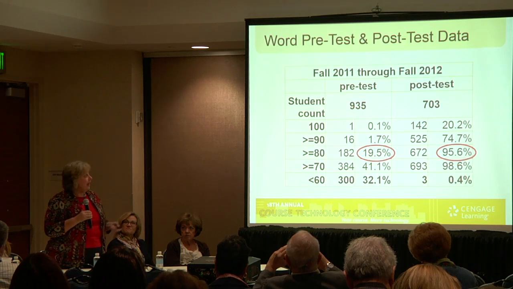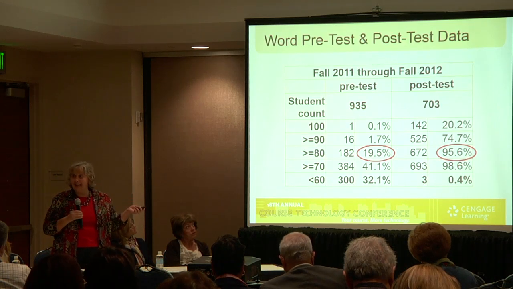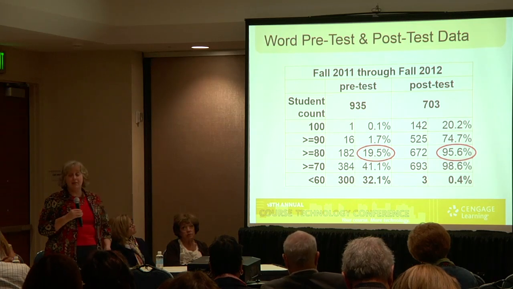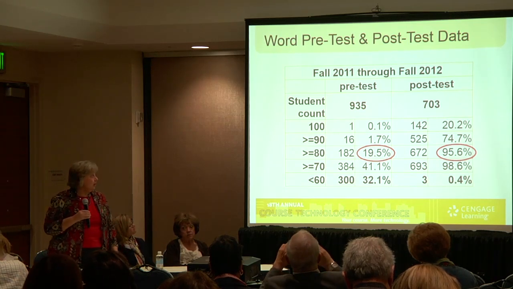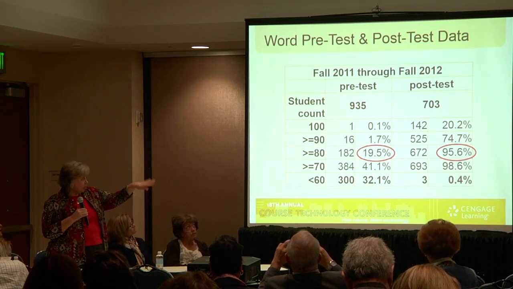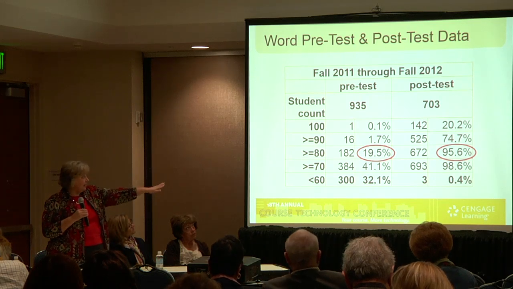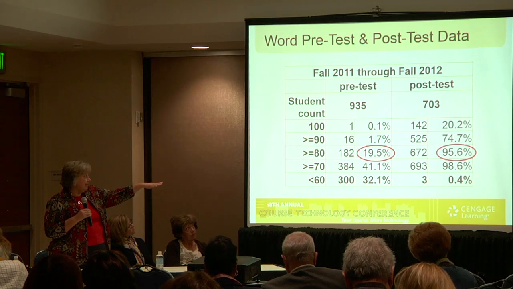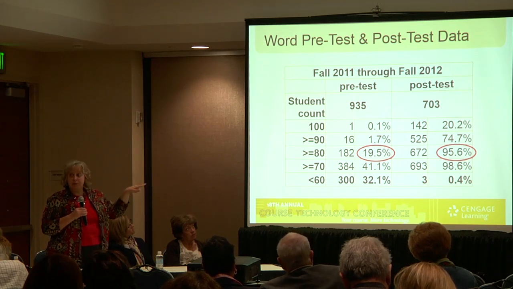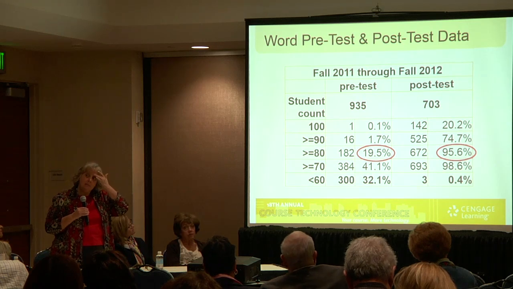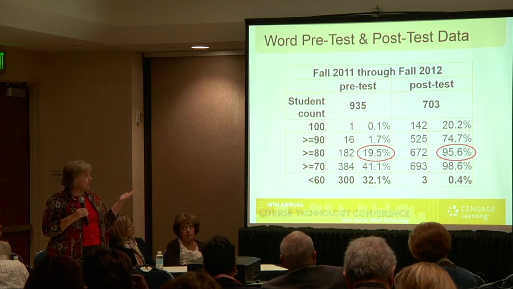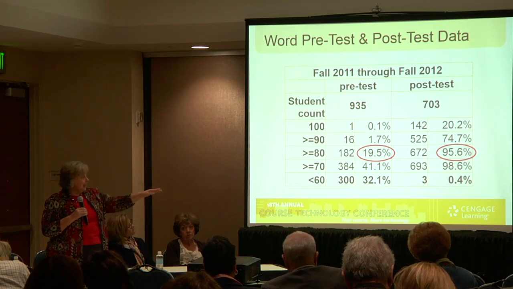And this is some of my data, which is very interesting because it goes along with Kathy's as well. If you notice, I've circled the greater than or equal to the 80%, but if you look at the very bottom one, the less than 60, 32% didn't pass the pretest with a 60.